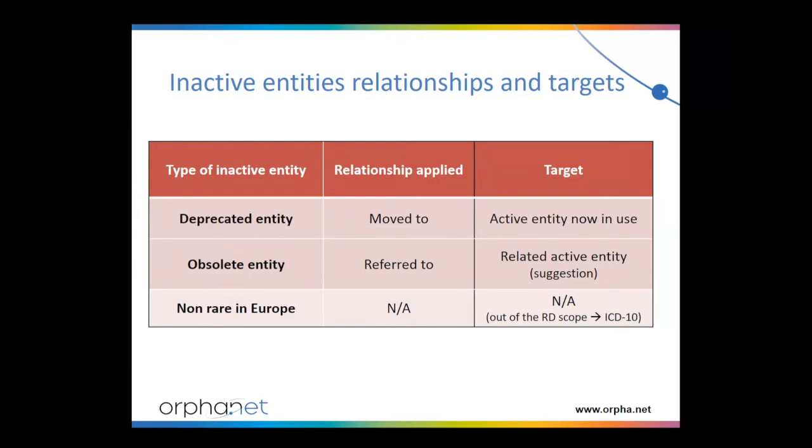As for non-rare diseases, we do not enter matching ORPHAcodes because the phenotype is out of the rare disease scope, so the Orphanet nomenclature does no longer apply to these patients, and we usually recommend to use the ICD-10 code instead.